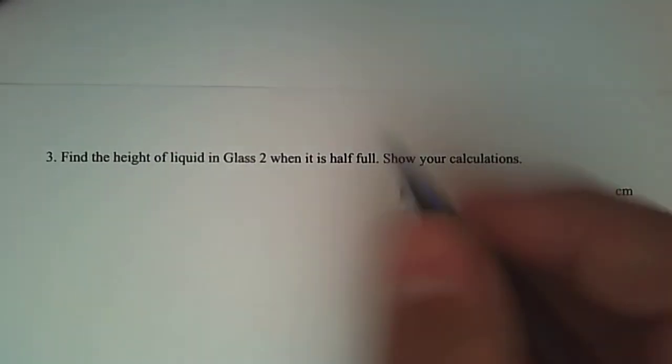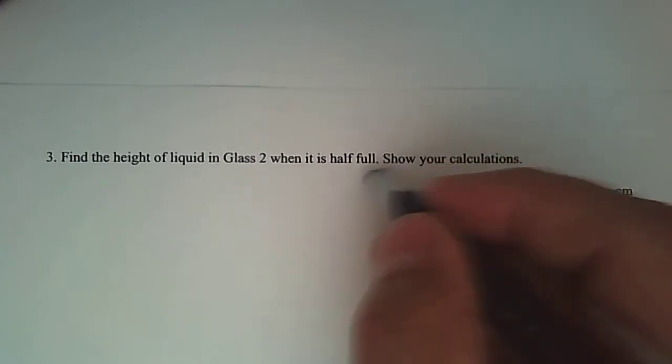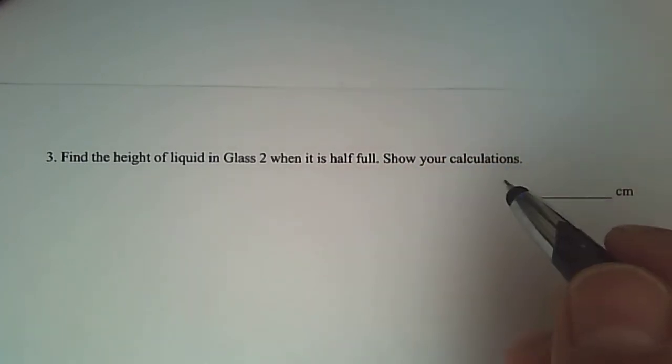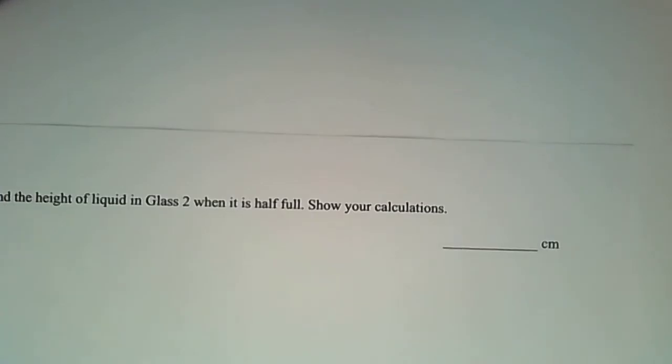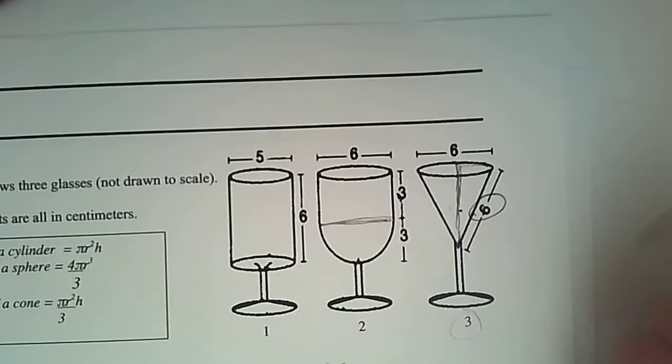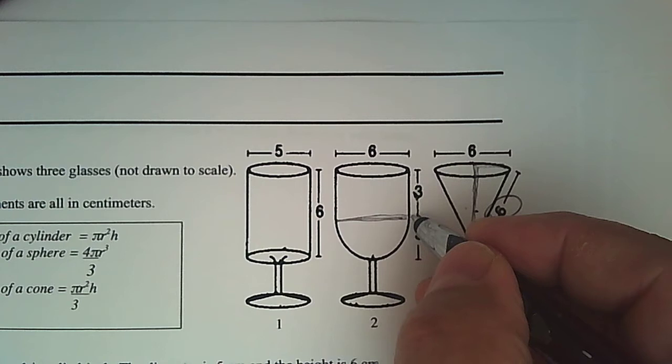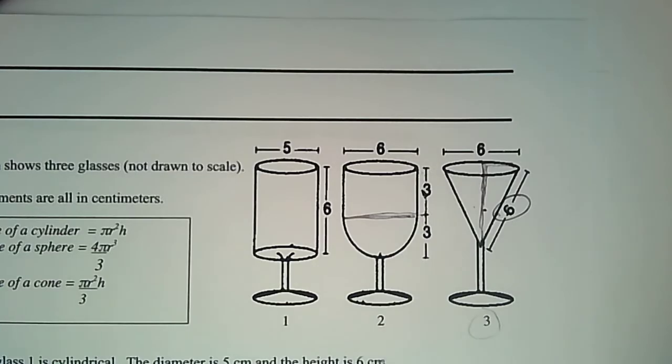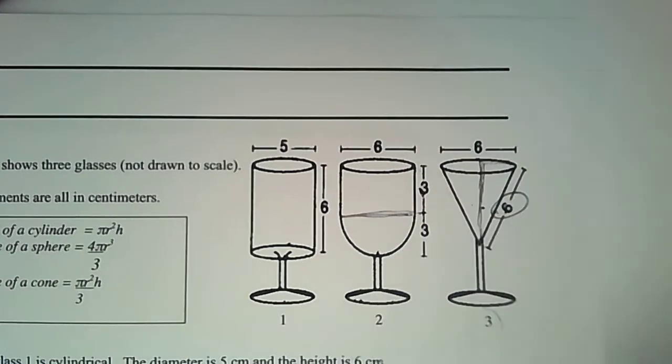Can you find the height of liquid in glass 2 when it is half full and show your calculations? So in glass 2, when it is half full, what is the height in terms of that? First of all, what's the volume in glass 2? It's half full when the volume is halfway there.